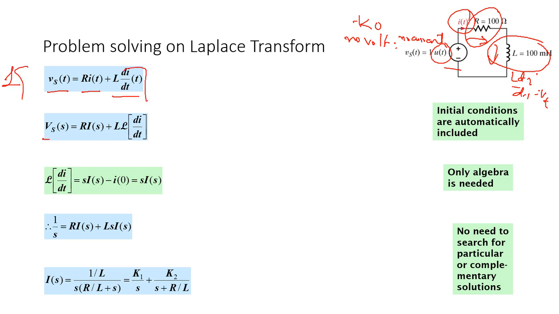So the Laplace transform of the source Vs of s, R I and L di by dt. L is constant, and after that we are using L di by dt. d by dt has a Laplace transform of s into I of s minus I of 0.